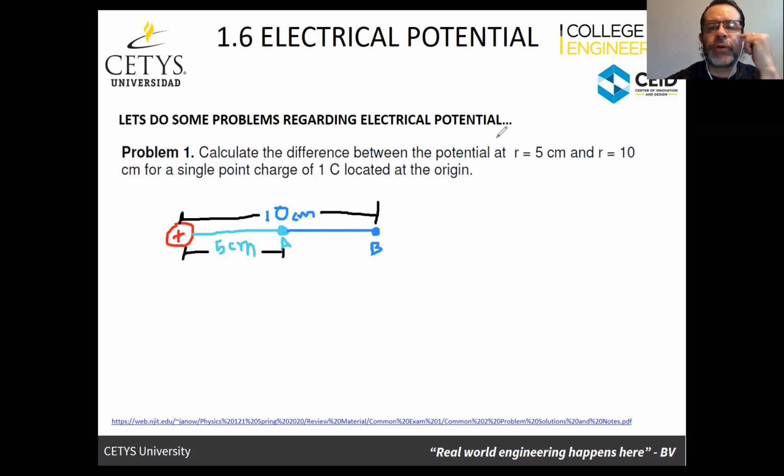So let's calculate the potential for each of those points. For the first point, the potential, or the voltage, for point A is going to be equal to K, which is the electrical constant, multiplied by Q, divided by RA, which is the distance in A. And this would be, K is 9 times 10 to the 9.